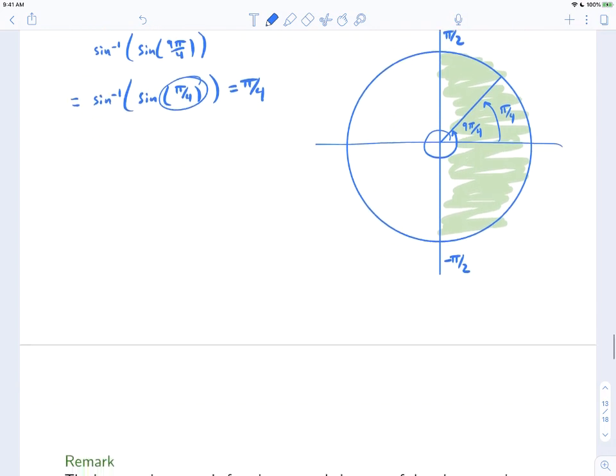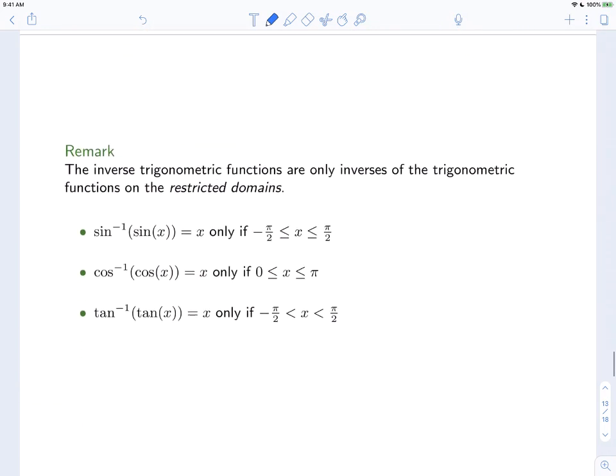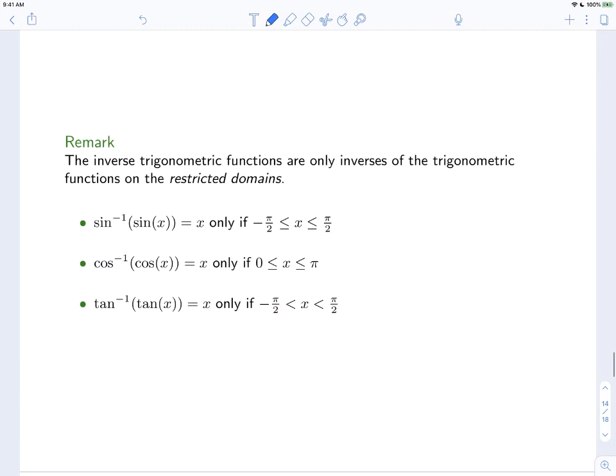This leads us to a remark. The inverse trigonometric functions are only inverses of the trigonometric functions on the restricted domains. So sine inverse of sine of x is equal to x only if x is between minus pi over 2 and positive pi over 2. Similarly, inverse cosine of cosine of x will give you x only if x comes from the interval from 0 to pi.